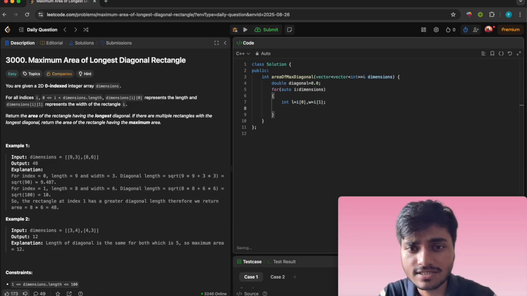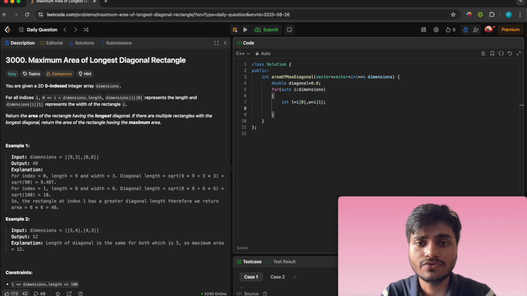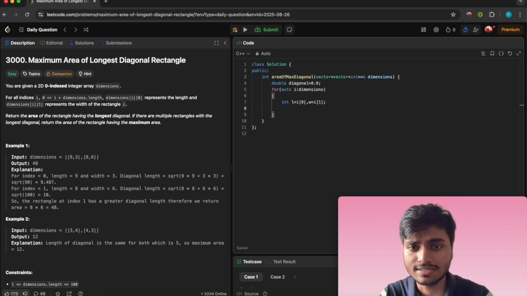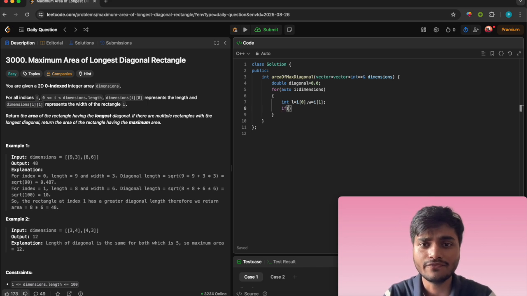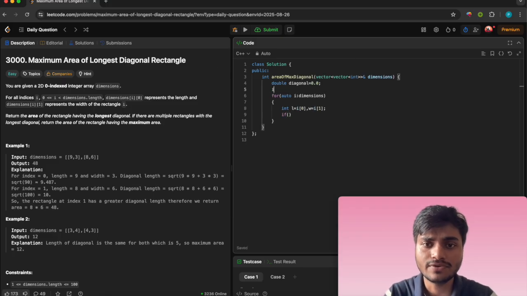We just have to maximize. Let me consider an answer variable as well, equal to 0.